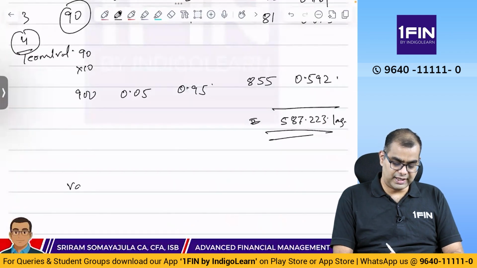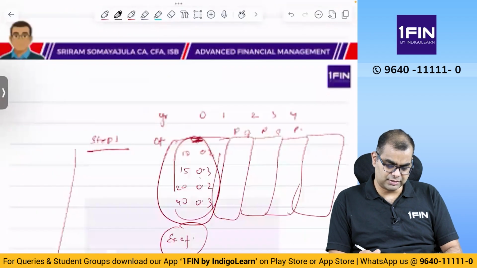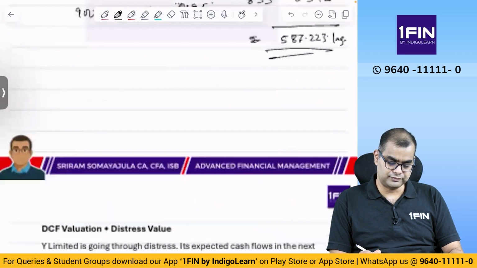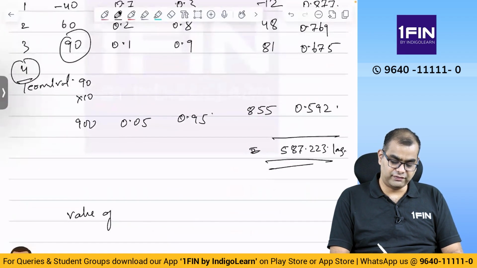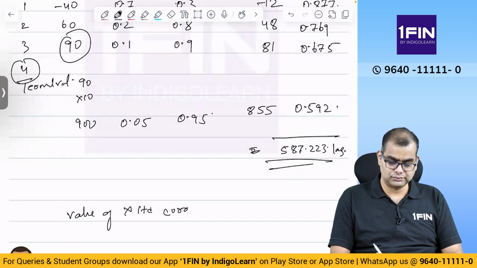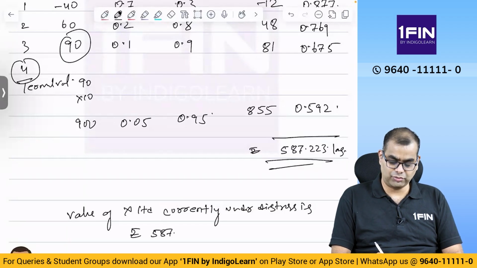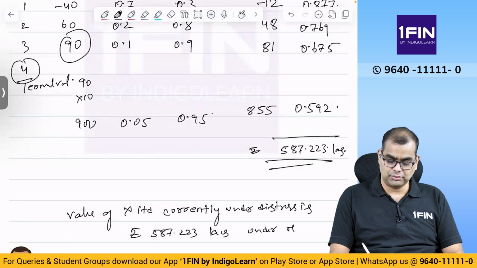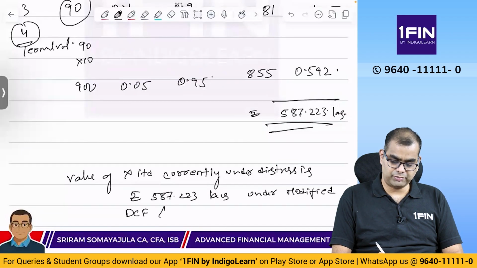So value of X Limited, currently under distress, is rupees 587.223 lakhs under modified DCF approach.